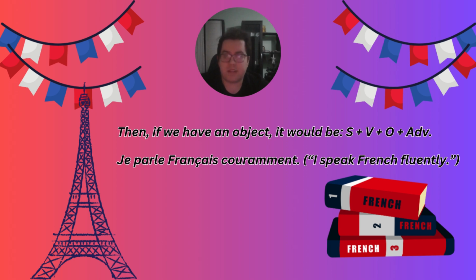Then, if we have an object, the sentence becomes subject plus verb plus object plus adverb. Now, keep in mind that I've said the object can be a direct object or an indirect object. Depending on that, we will see in other tutorials how they change their position.